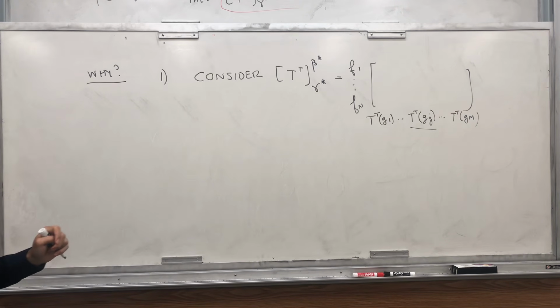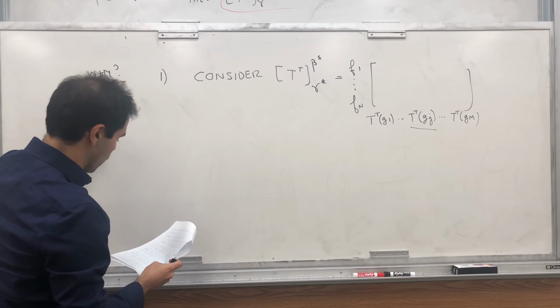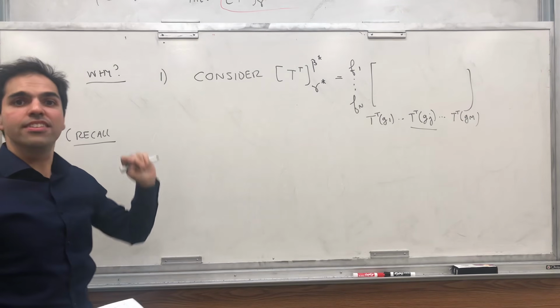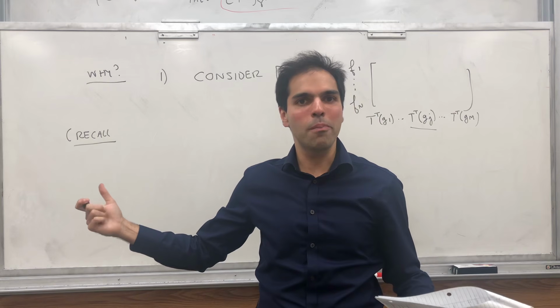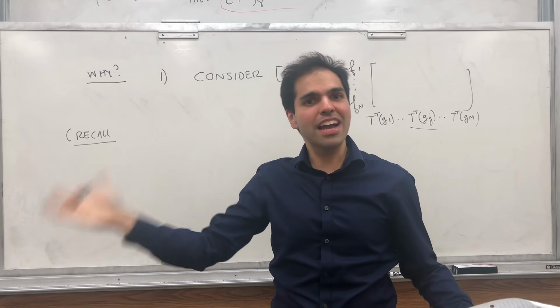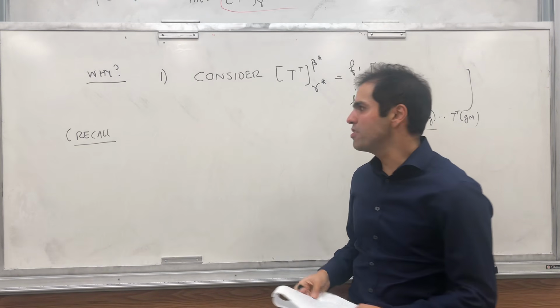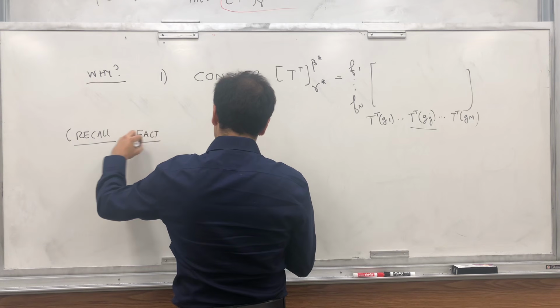And I would like to remind you of a really cool fact that I may have talked about before. It turns out the reason dual bases are so nice is that we have a very nice decomposition. Any vector in V star we can express very easily in terms of that dual basis. So recall, here's a little fact.